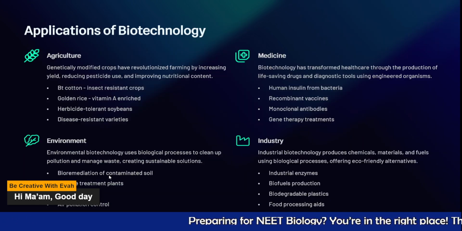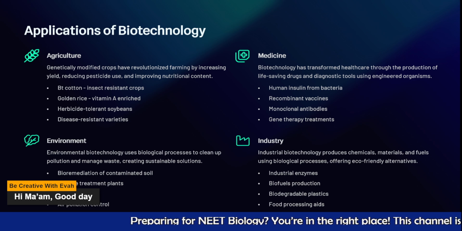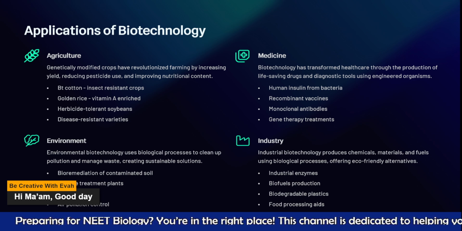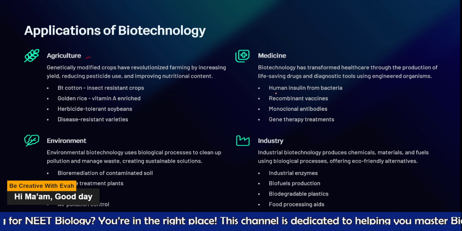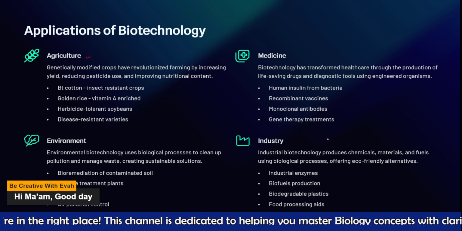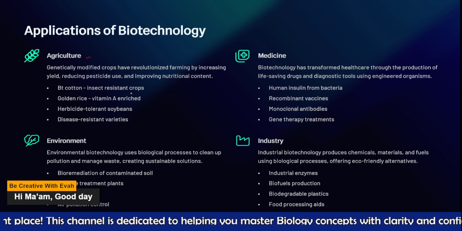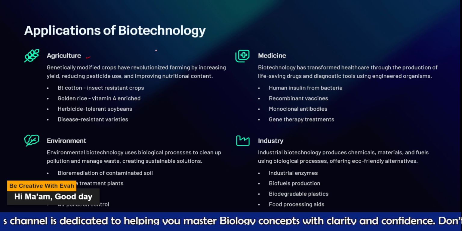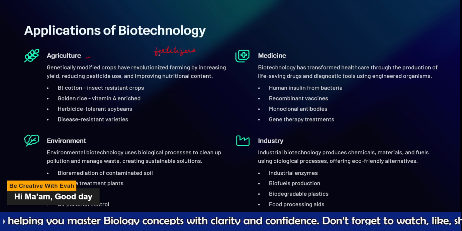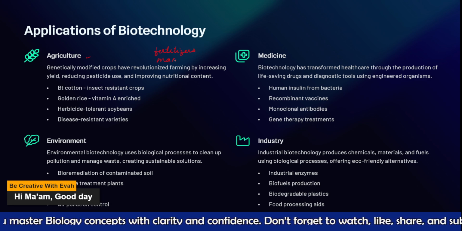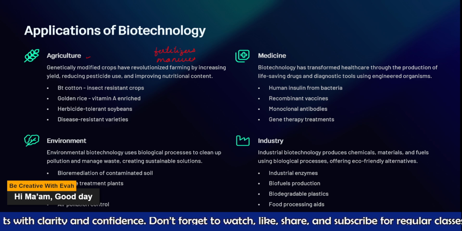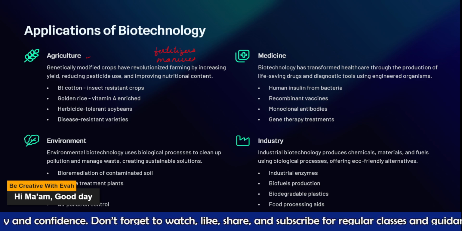Okay, so when we think about the applications of biotechnology, biotechnology is very useful in the agricultural field, in medicines, in the environment, in various industries. Coming to the agricultural field, earlier farmers were using fertilizers, manures, and all for getting good produce from the plants.